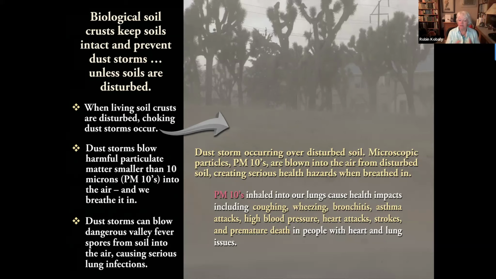And that is active river washes, like the Whitewater River, the San Gorgonio River drainage, and dry lake beds. But other than the dry river beds and the dry lakes, you're not going to see all these dust storms happen in our deserts.